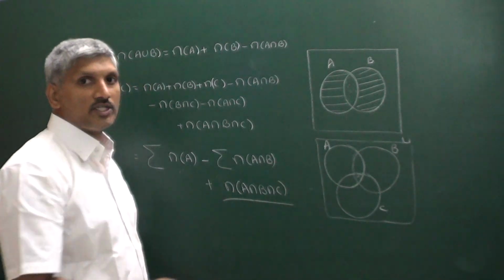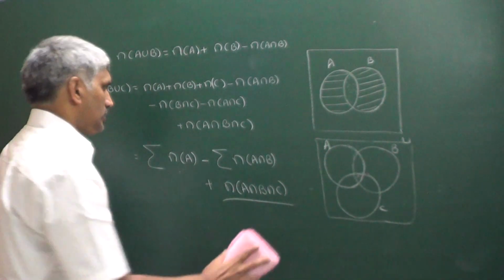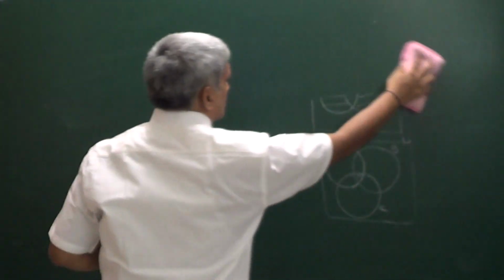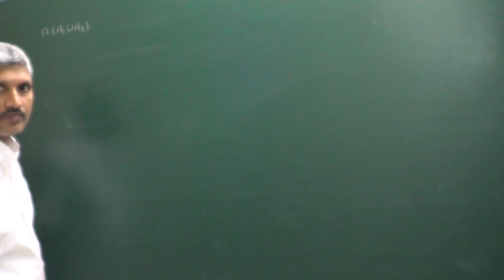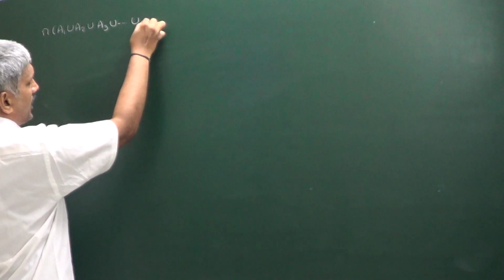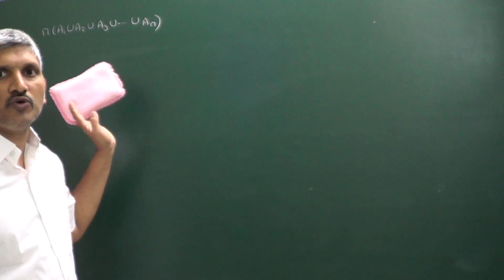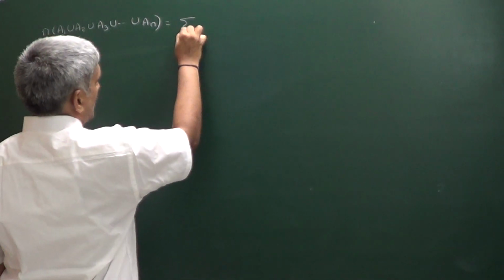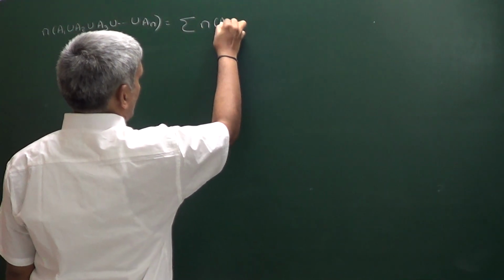Suppose we want to extend this to n sets. The same idea we extend to n sets. This is the inclusion and exclusion principle. The number of elements in A1 union A2 union A3 and so on up to An is summation of the number of elements in ai.